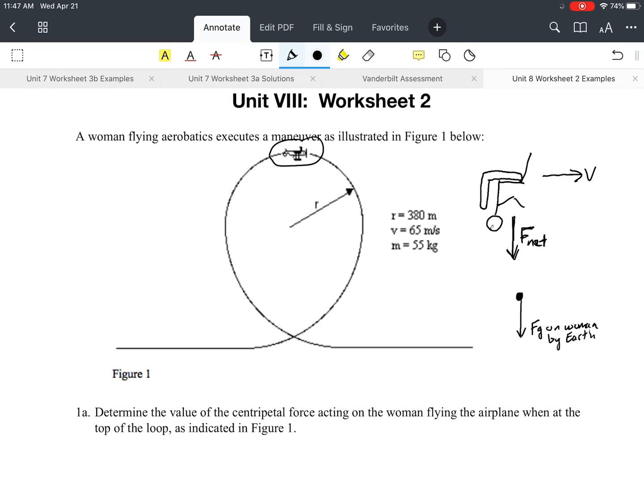Now the one that is tricky is, the seat is touching the woman, so which way is the seat pushing on the woman? Well, since the seat is below the woman's rear end, or actually above her rear end because she's upside down, that means the seat has to be pushing into her, which means the seat is pushing down as she is upside down.